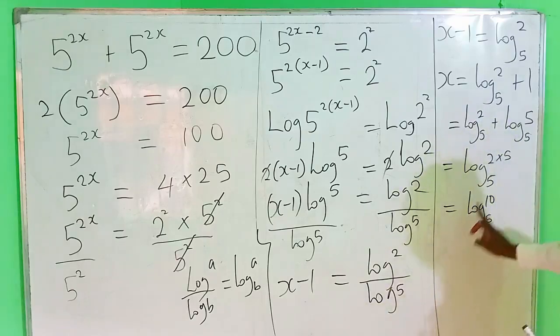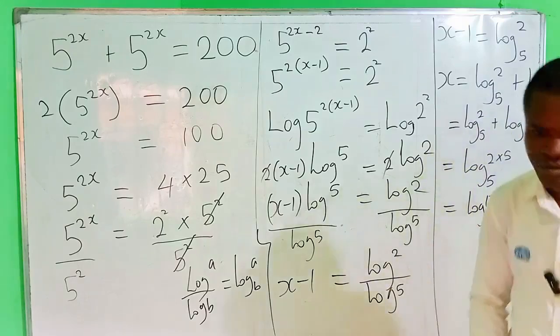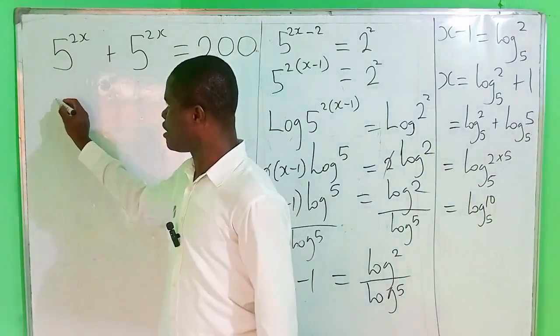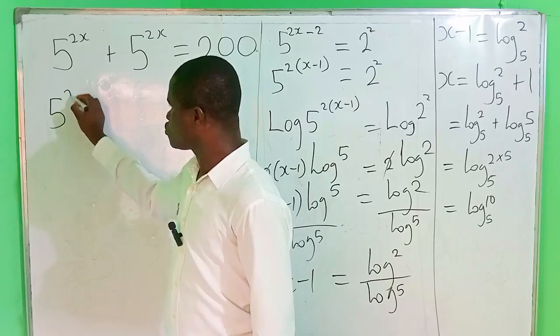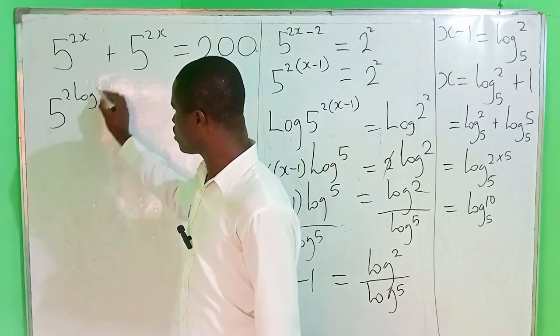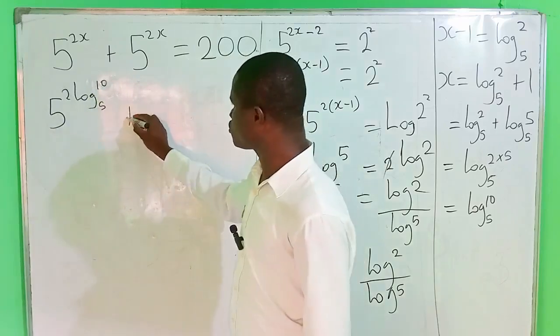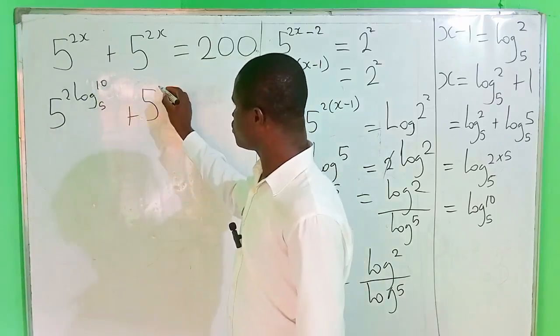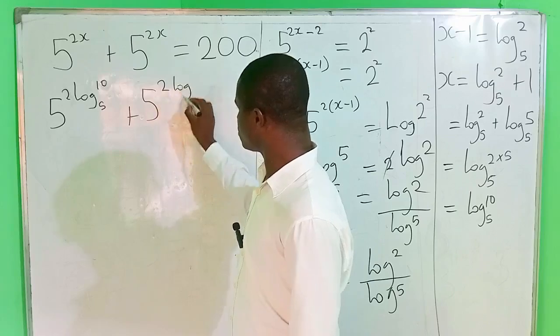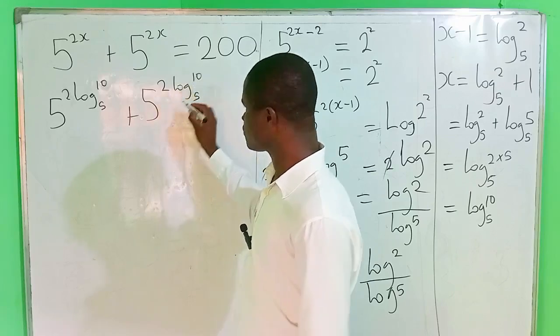So let's verify that x is equal to log 10 in base 5. So this is 5 raised to the power 2 log 10 in base 5 plus 5 raised to the power 2 log 10 in base 5.